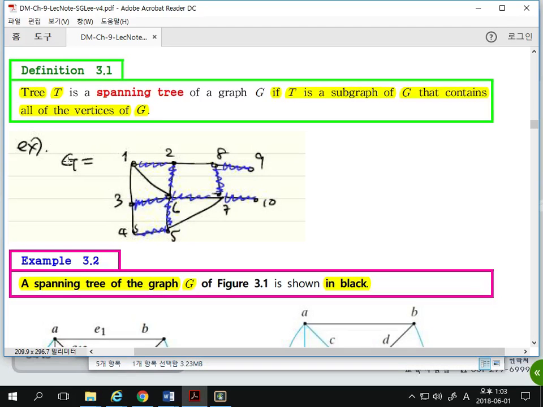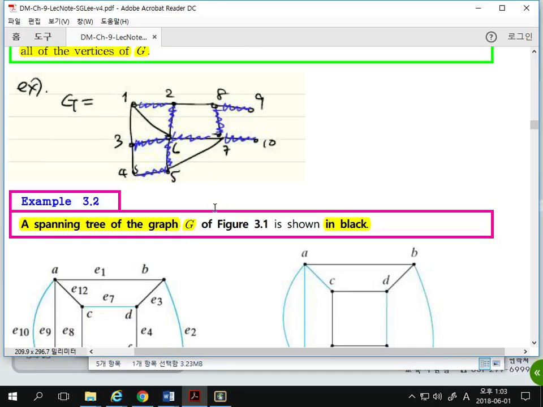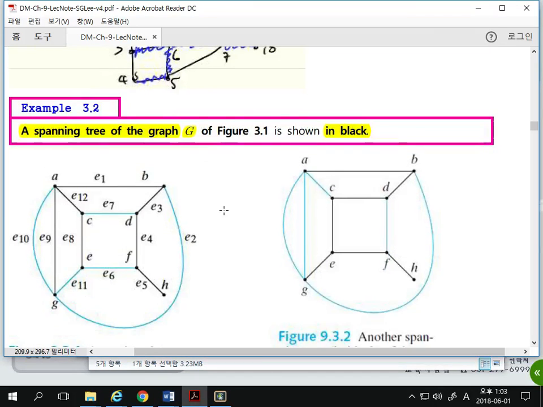For example, if G is a graph, we can find a subgraph that connects all vertices like this. Then this blue colored one is called the spanning tree. So we can have more than one spanning tree.